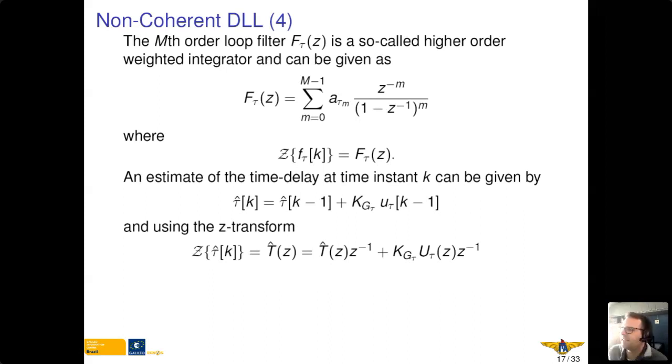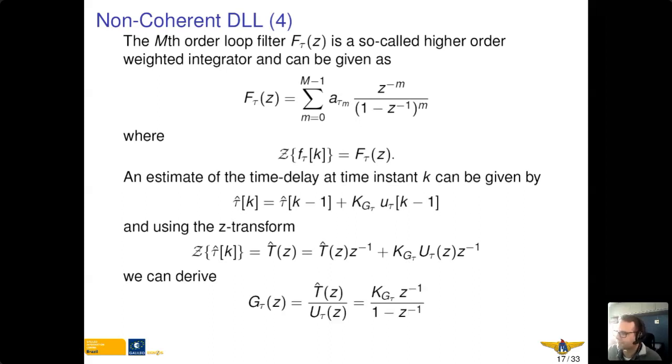So with capital letters, we have T of Z equal to T hat of Z times Z minus 1, plus K G tau U tau Z of Z times Z to the power of minus 1. And by this, we can derive the transfer function of this integrator.